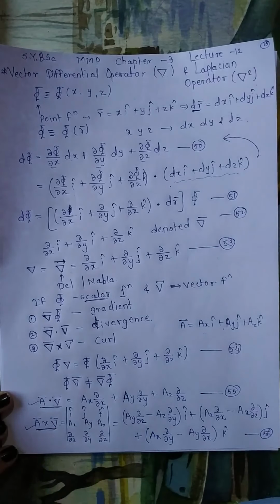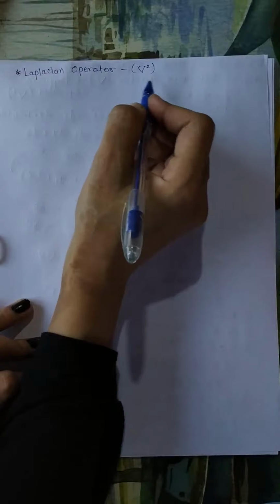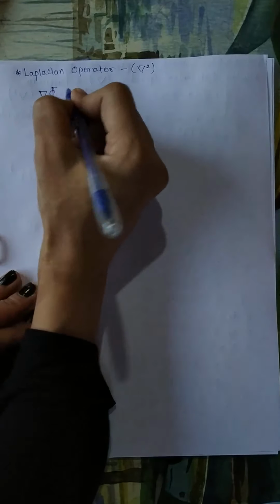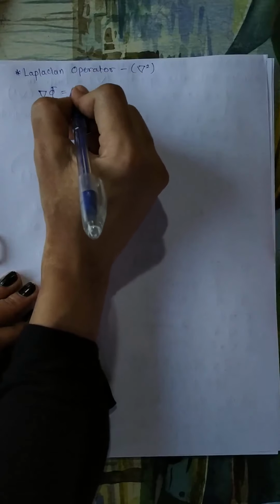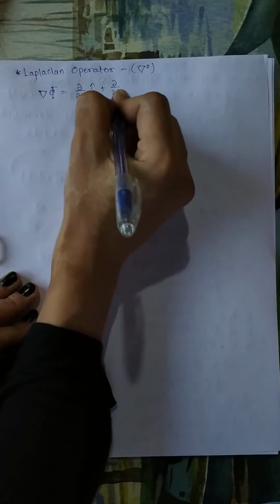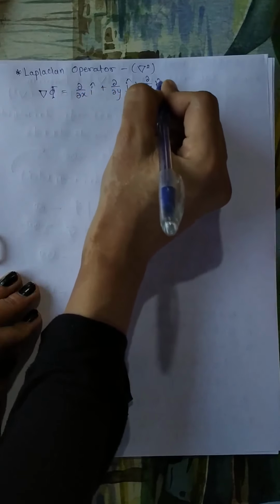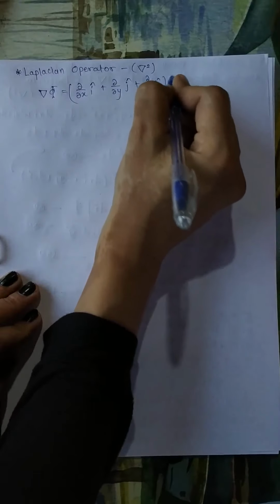Now we will discuss the Laplacian operator. This Laplacian operator is represented by del square. Now you know that del phi, or del bar of phi, is nothing but dou by dou x i cap plus dou by dou y j cap plus dou by dou z k cap operated on phi.